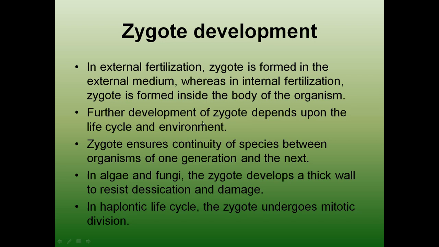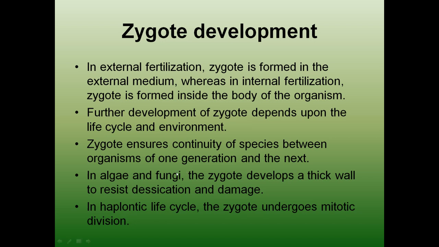Further development of the zygote depends upon the life cycle and environment which has been prevailing. Okay, so development of the zygote is quite vulnerable to the environment being provided to the young one. A zygote ensures continuity of the species. Without zygote formation, there will be a halt in the species, and there are chances that the species is going to be extinct.